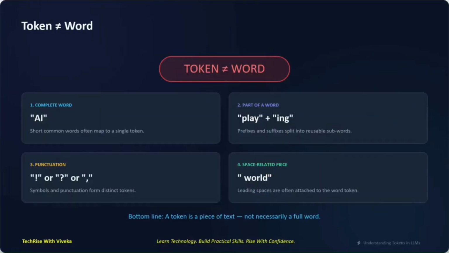But here is the important part. A token does not necessarily mean one complete word. A token can be a complete word, it can be a part of a word, it can represent punctuation, and depending on the tokenizer, it can also include space related information. So, the simplest rule to remember is token does not equal word.